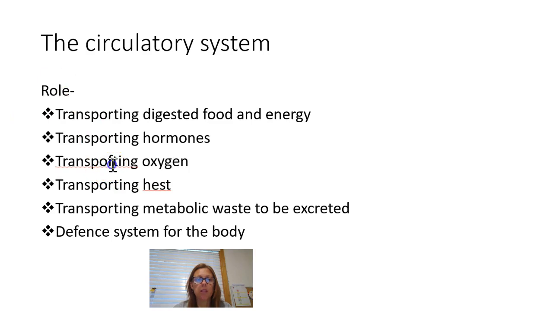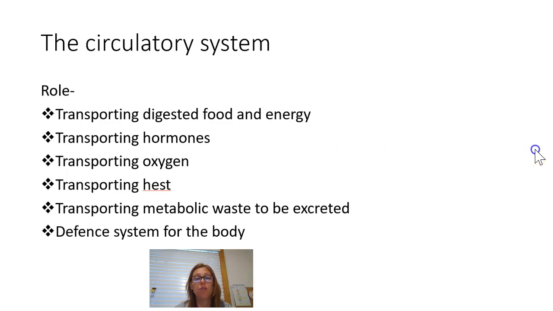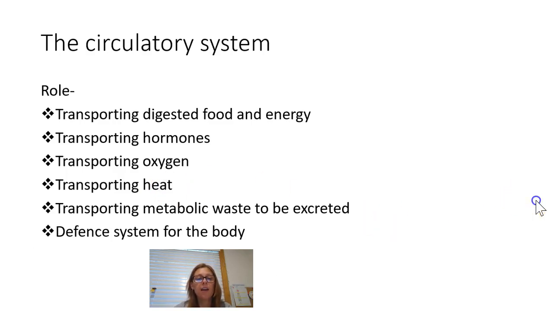You can see a spelling mistake here in my PowerPoint where it actually transports oxygen, transporting heat throughout the body, and then removing the metabolic waste, so transporting that back to the lungs for removal, and it also acts as a little bit of a defense system for the body.